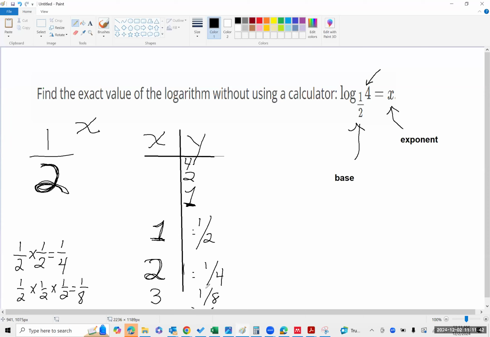Now, here's another really important piece to see. Look at the pattern: 3, 2, 1, 0, -1, -2.